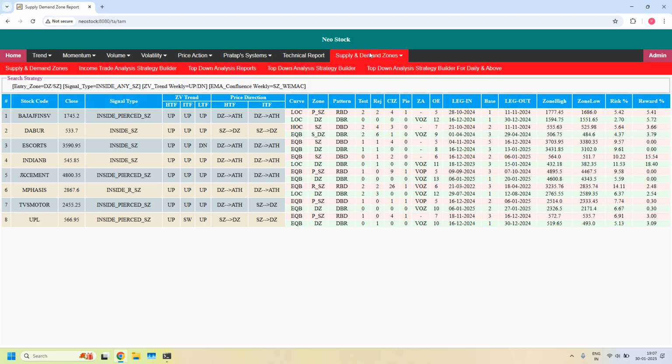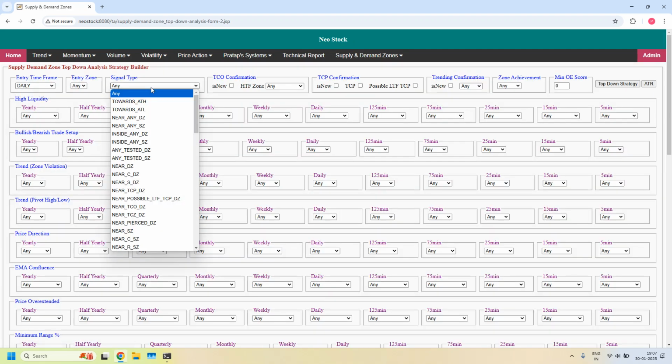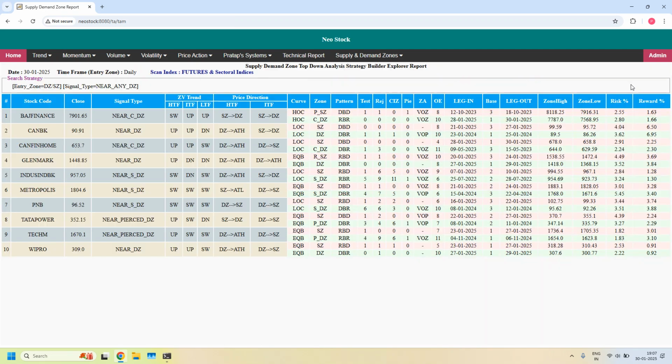Next time frame is daily. Entry time frame daily. Let us find the stocks near daily demand zone. We got 10 stocks. Out of these 10, let us identify high liquidity daily demand zones from this list. Bajaj Finance is having a high liquidity zone.